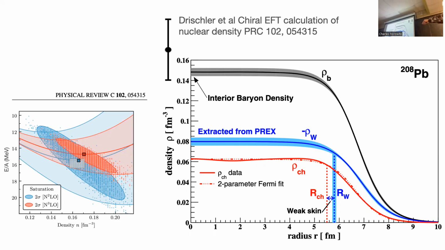The error bar here is dominated by the experimental error in the parity violating asymmetry. And there's the experimental charge radius, and now here, this is our measurement for the weak radius, and that's our error in the weak radius.